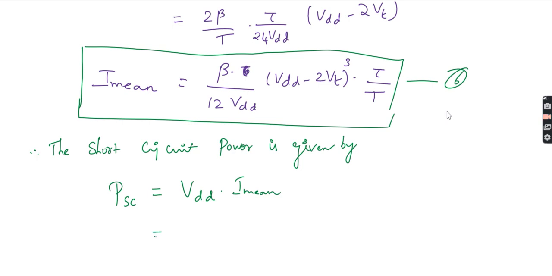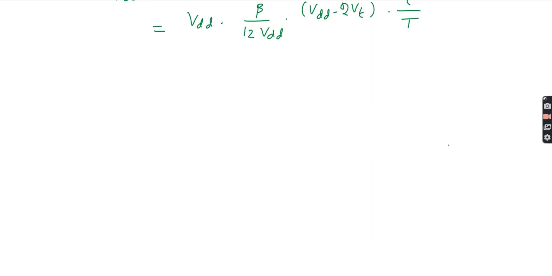So VDD into beta by 12 VDD into VDD minus 2 times VT the whole cube into tau by T. Then VDD will get cancelled. Then I can say beta by 12 into VDD minus 2 times VT the whole cube into tau into F.